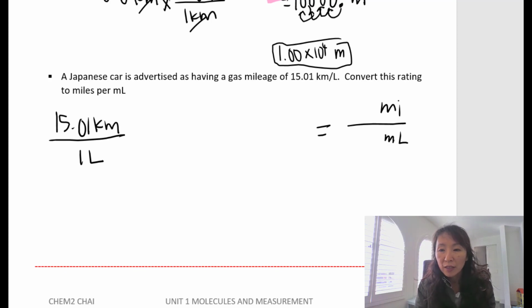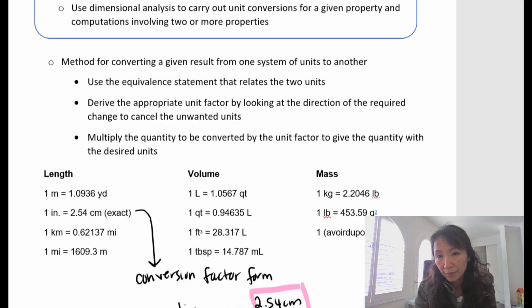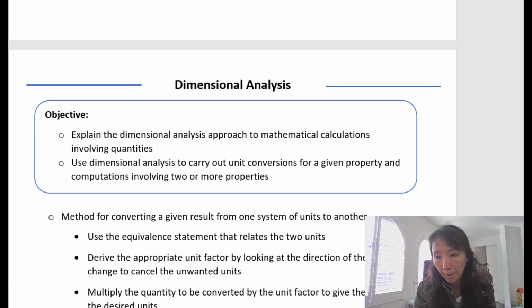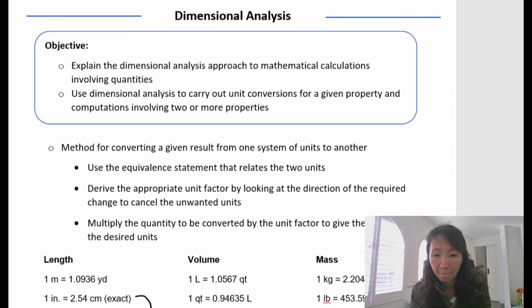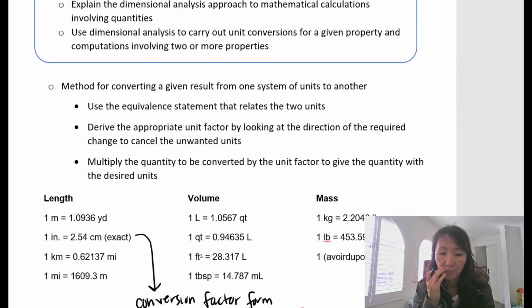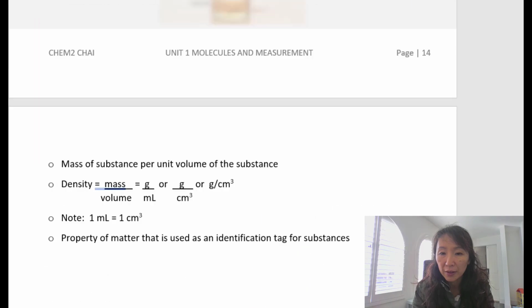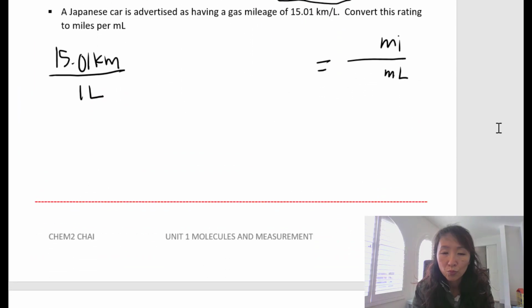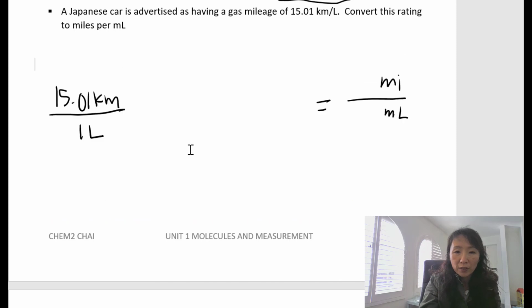Do you see a relationship between kilometer and a mile? Let's see, let me go back. Yeah, it's this one right here, right? The kilometers to miles relationship is there. So the conversion factor form we see as follows.